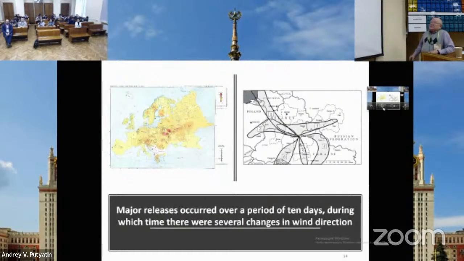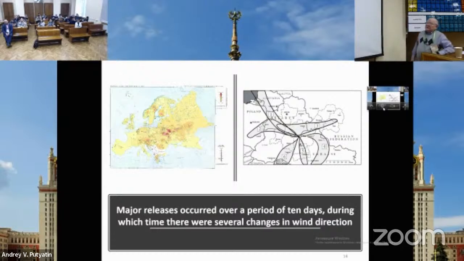Here you can see the cesium-137 deposition over Europe. You can see that many countries were contaminated, including Scandinavia, the UK, Germany, Switzerland, Italy, and so on.